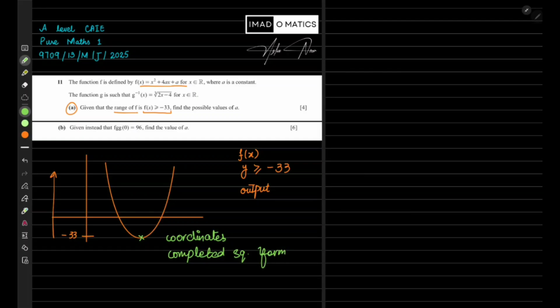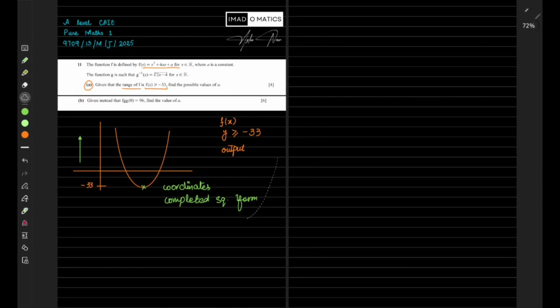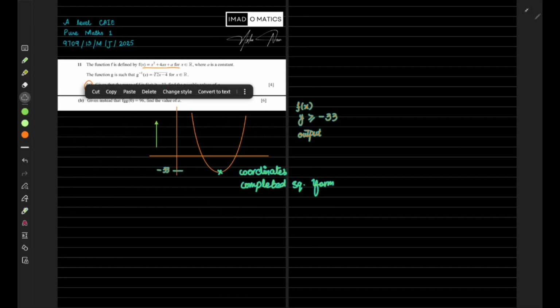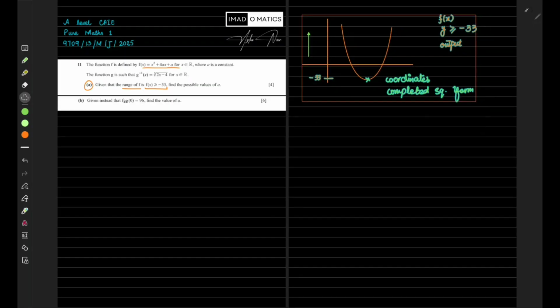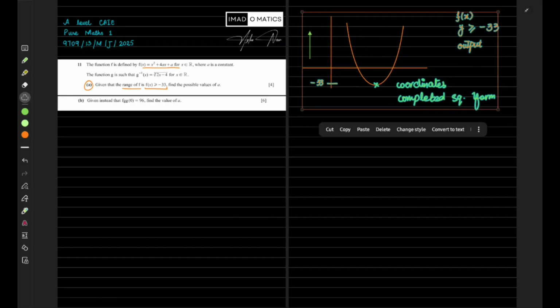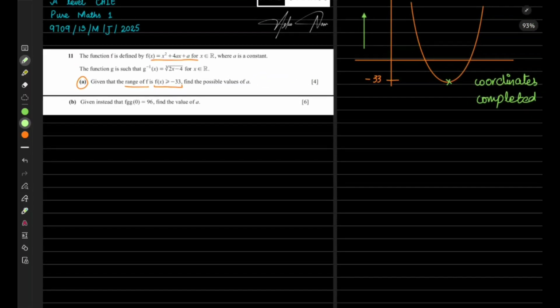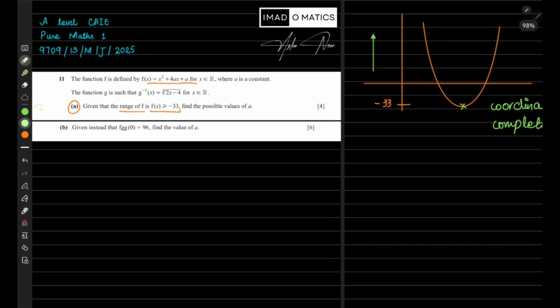This was just for your understanding of the question. Now, what we should be doing first is taking this equation f of x equals x squared plus 4ax plus a, and changing it into completed square form.